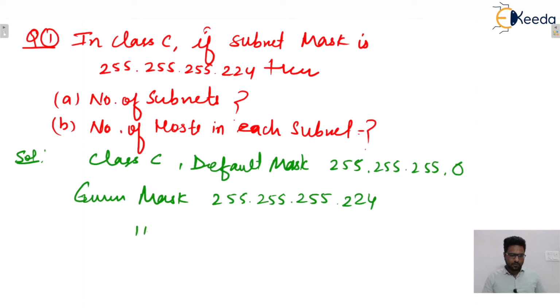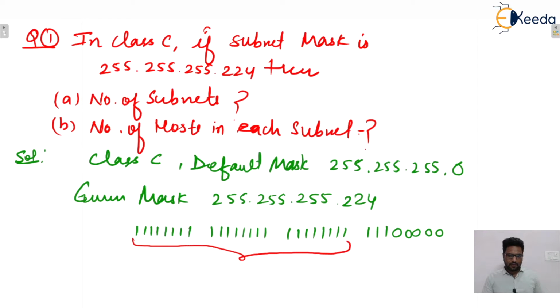Write it into binary. So all ones, followed by again all ones, then again all ones, then 224 can be written like that. Now you can see here, yes, that is the network ID in class C.